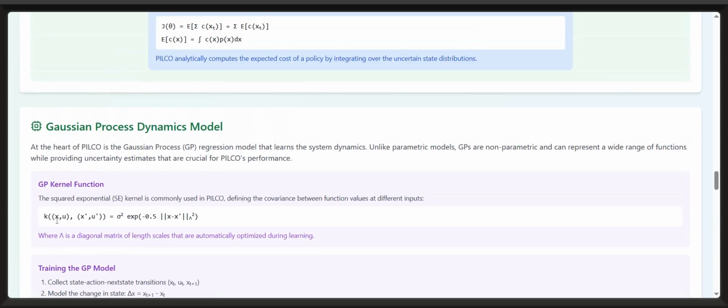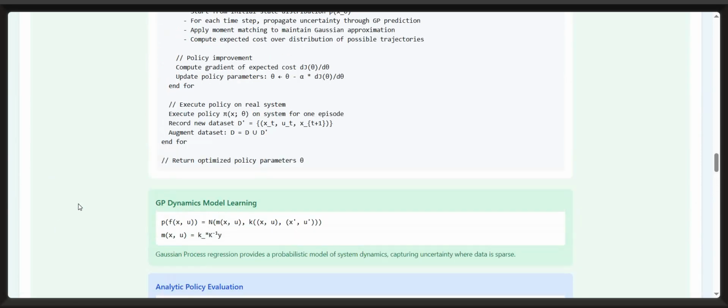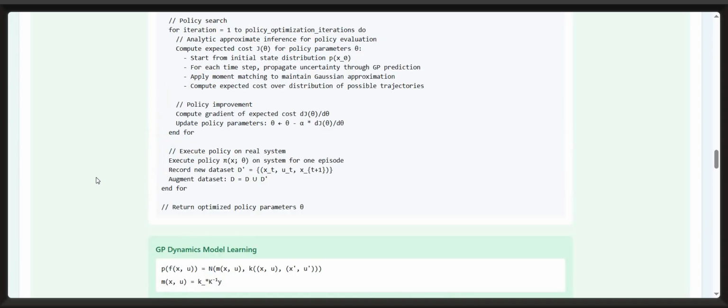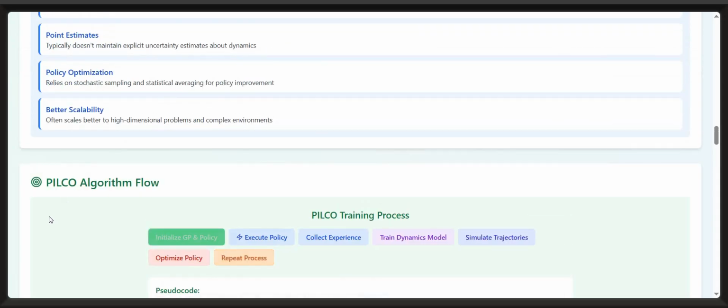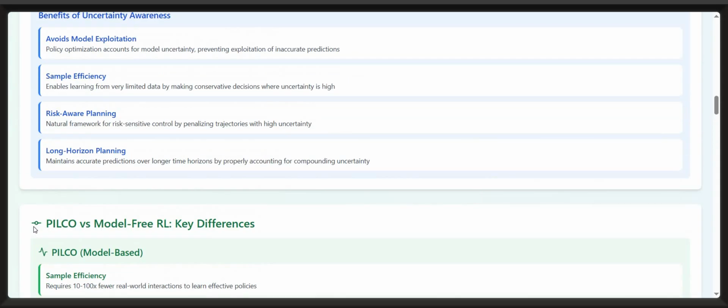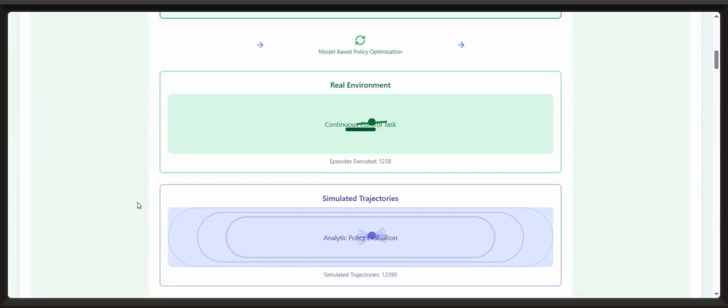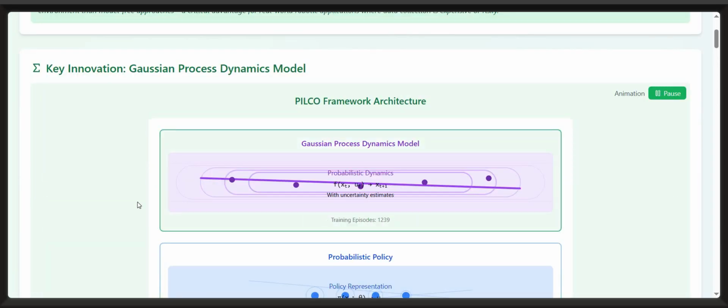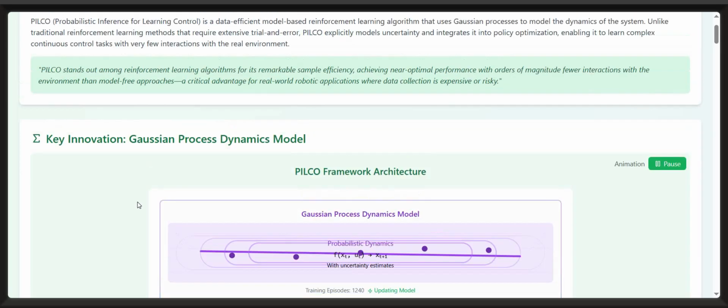Our formula is here, and I think that's enough for PILCO. If you are interested, you can search for it on Google.